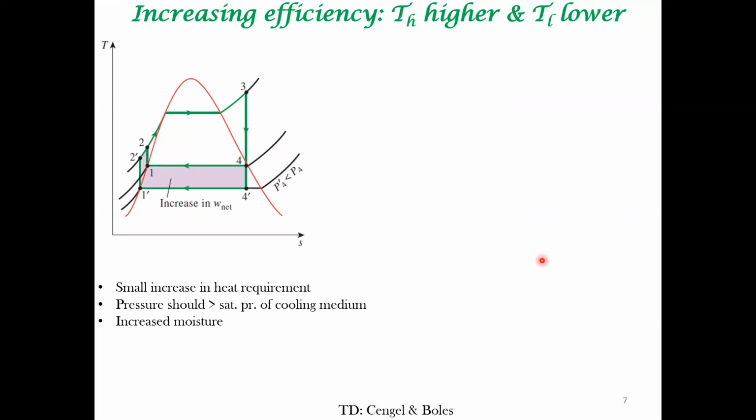So if you want to increase the efficiency of the Carnot cycle, we said that the heat addition should be at higher TH, and the heat rejection should be at a lower temperature. Okay, so this approach also gives you the basis for improving the efficiency of the Rankine cycle.